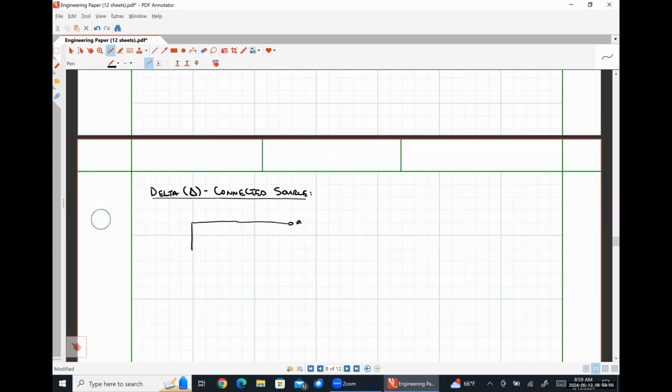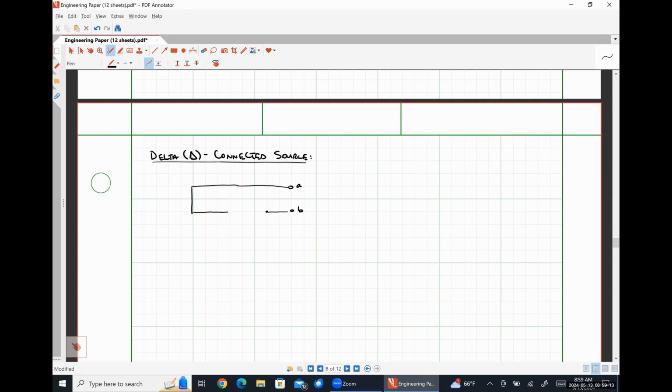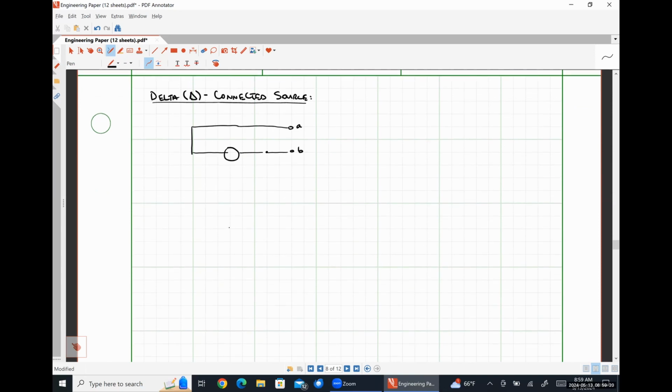So here's my A terminal. Here's my B terminal. Between A and B, I'm going to have a voltage source. I'm going to put my C terminal down here. Between A and C, I'm going to have a voltage source. And between B and C, I'm going to have a voltage source.